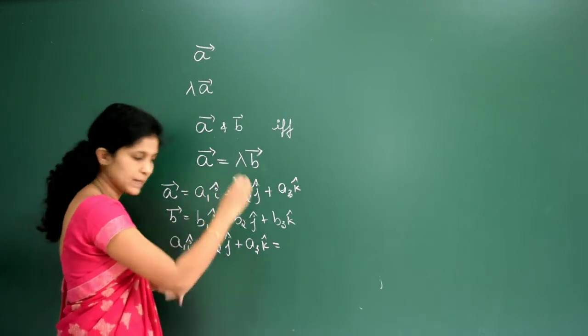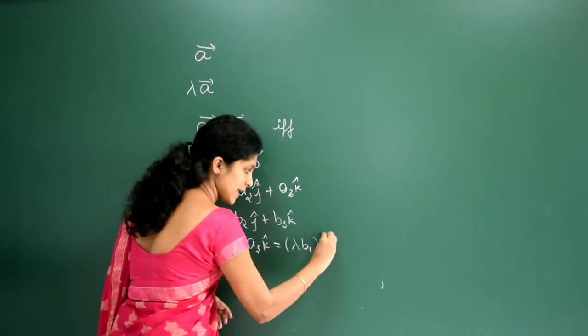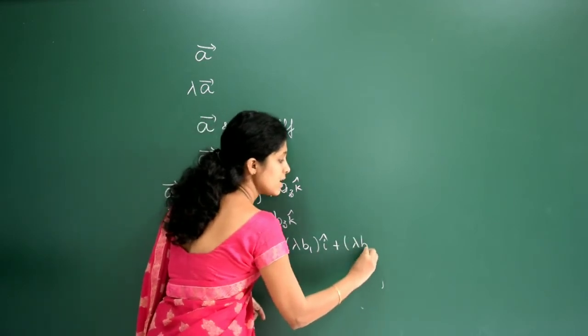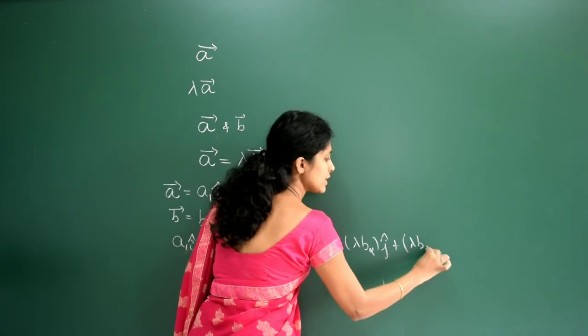So we need to multiply each and every element. So this will be lambda b1 i cap plus lambda b2 j cap plus lambda b3 k cap.